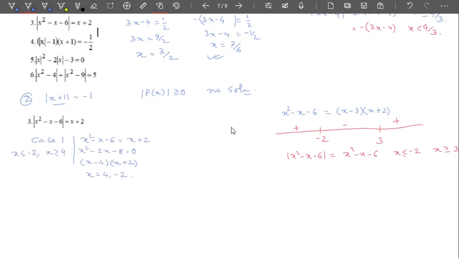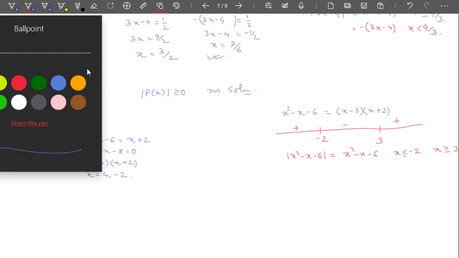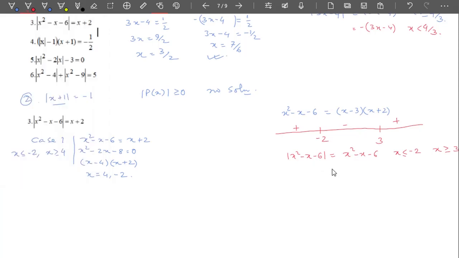So this is the solution for case 1. Now once again, that will be minus of x square minus x minus 6 when x lies between minus 2 to 3. 2 and 3 both are excluded.